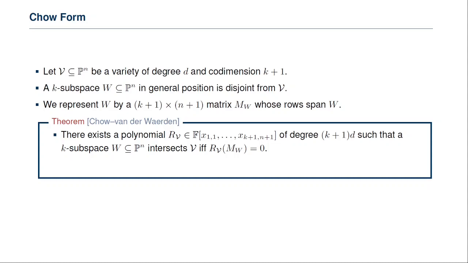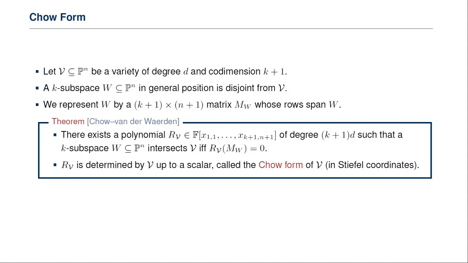So in this sense, the polynomial vanishes precisely at the set of k-subspaces that intersect the variety V. Moreover, this polynomial R_V is determined by V up to scalar, and we call R_V the Chow form of V, or more specifically the Chow form in Stiefel coordinates.